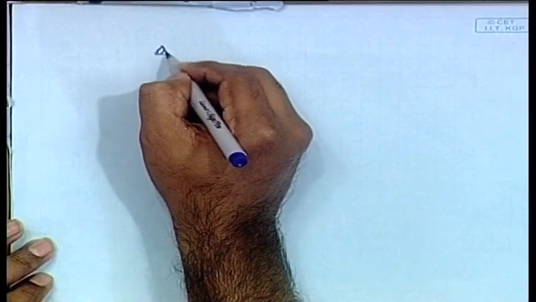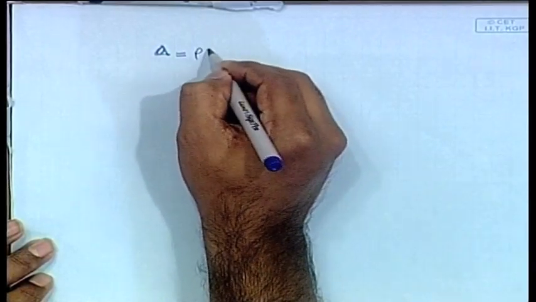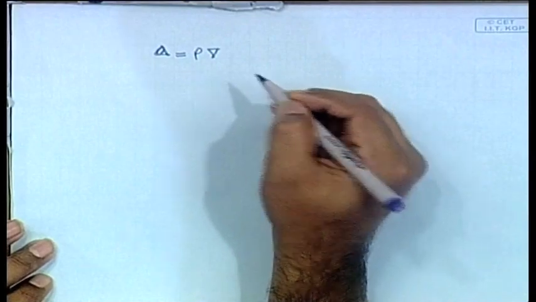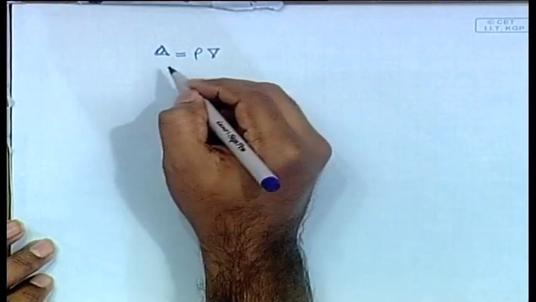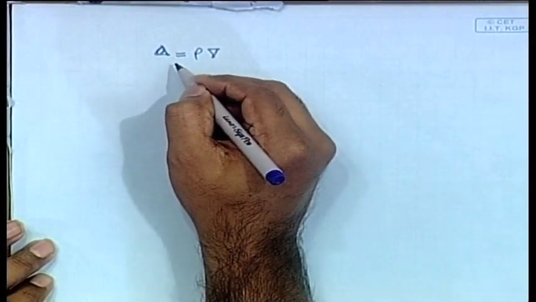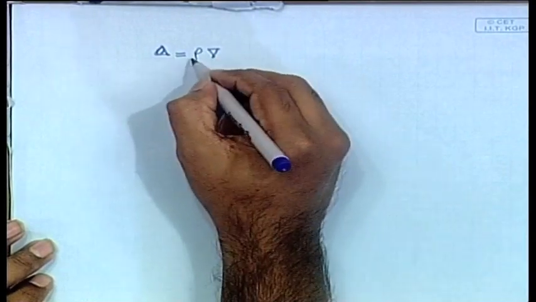I'll write some important things that we have covered. First thing we covered is the Archimedes principle, which states that delta, which is equal to rho into del, or sometimes it is written as gamma into del also, in which case delta represents the weight and in this case it represents the mass. So, rho into del is equal to the weight of the body.